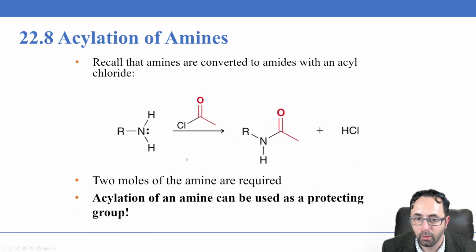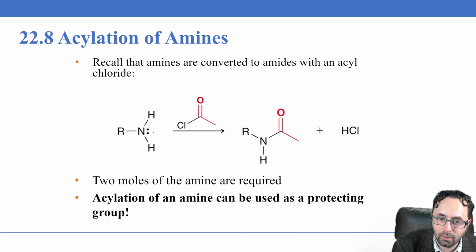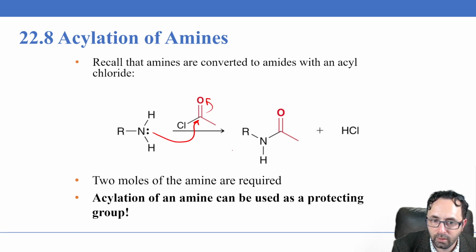And so the mechanism, just recall, involves here the attack of the amine on the carbonyl carbon and the resonance arrow here, then creating for us this complex where we have the nitrogen attached to this carbon. This oxygen had 2 lone pairs to start.